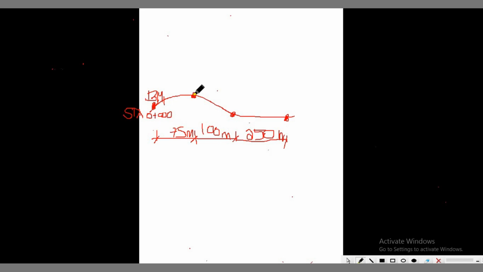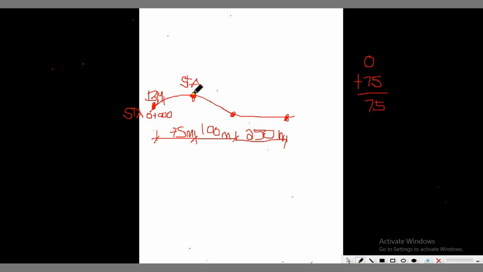Here, in differential leveling, this would be TP1. But in profile leveling, this is a station. What is its name? 000 is my start. When I go to the next point, that is now 0 plus 75, equal to 75.